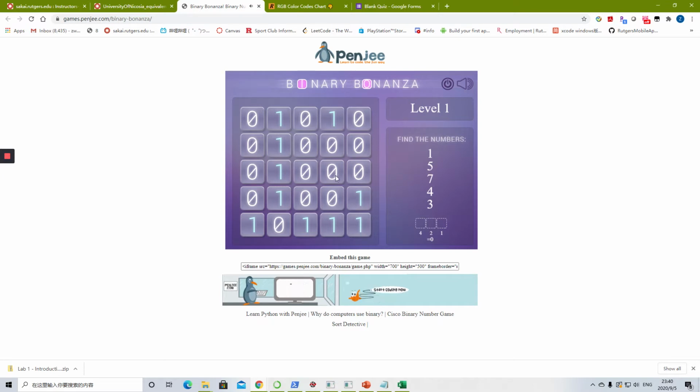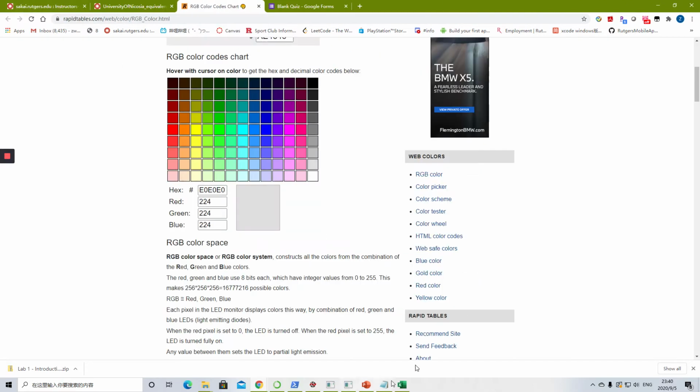For example, I select 001, which is 1, right? And 101 is 7, right? So if you're free, you could play this game and try how many levels you can reach. Okay, and that's it.